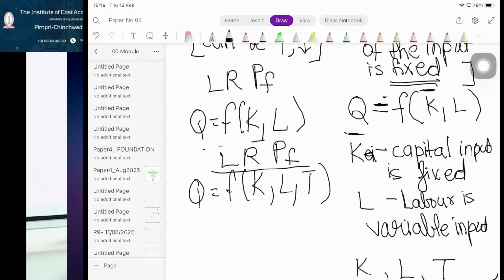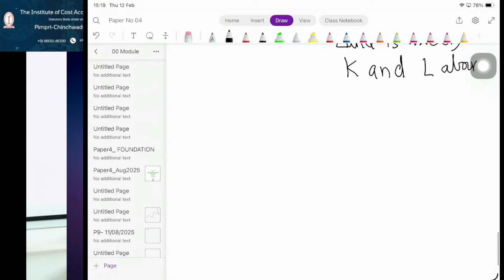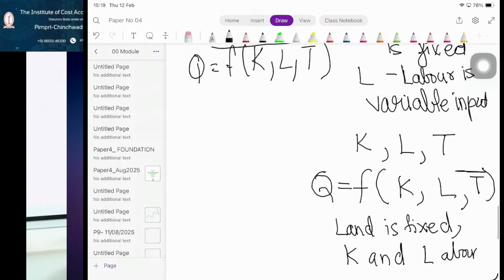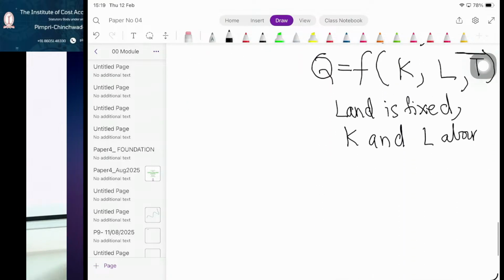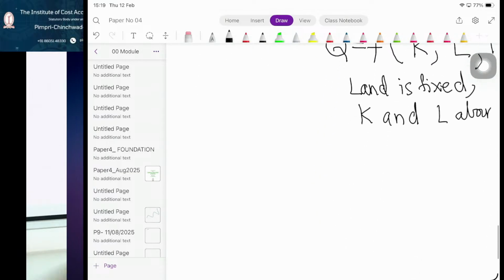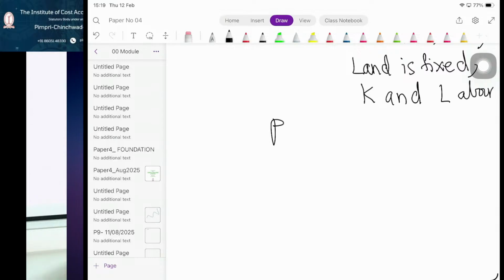Okay, I'll proceed. Now we are going to write two distinct laws which play a very important role in our cost theories and in economics in general. Let me write this production function. PF stands for production function. Production function we can think of as long run and this as short run.